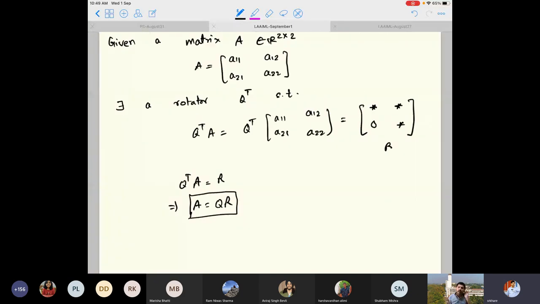So now, can we generalize this to an arbitrary n by n matrix? How can we do that? Can you think about it?